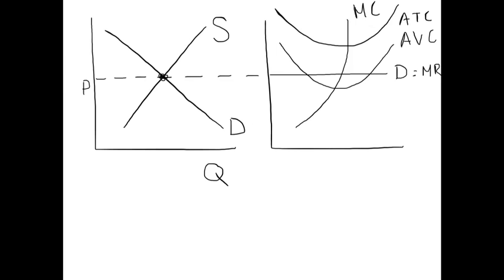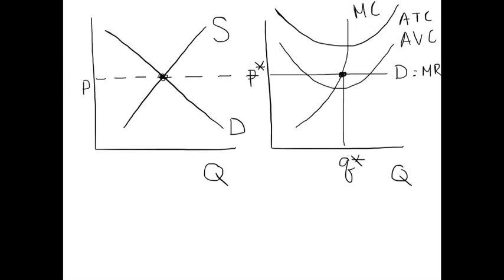And then to find your optimal bundle, you figure out where MC and MR intersect, which is right there. Okay? And then you draw a line down to the x-axis, which is Q, and that is your Q star. And also at that same point, in the same optimal bundle, you bring it over to the y-axis, and that is your P star.